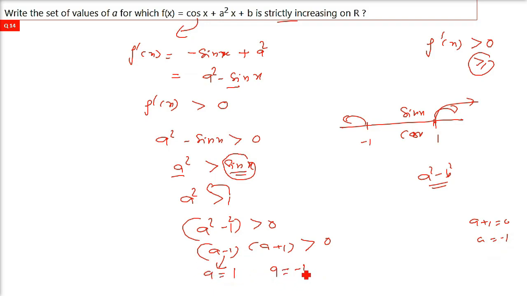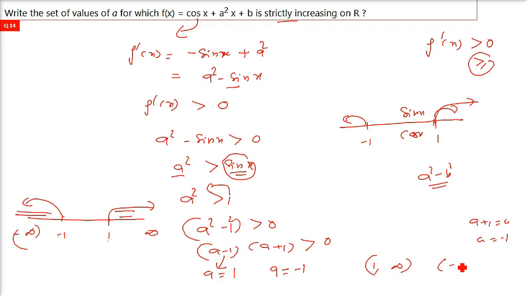So we have 1 and minus 1. These are the critical points, negative 1 and 1. So a will go above 1 or below negative 1.